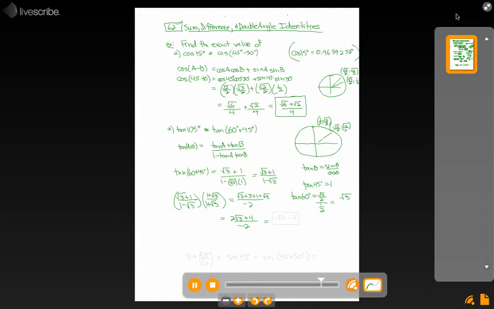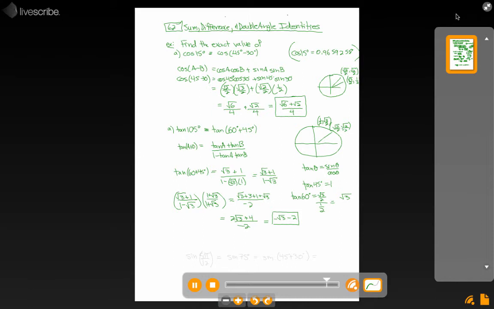If I factor the top, I can take out a 2, divide everything by negative 2, and I end up with negative root 3 minus 2. And if you try that on your calculator, it gives you another irrational, terrible-looking decimal.